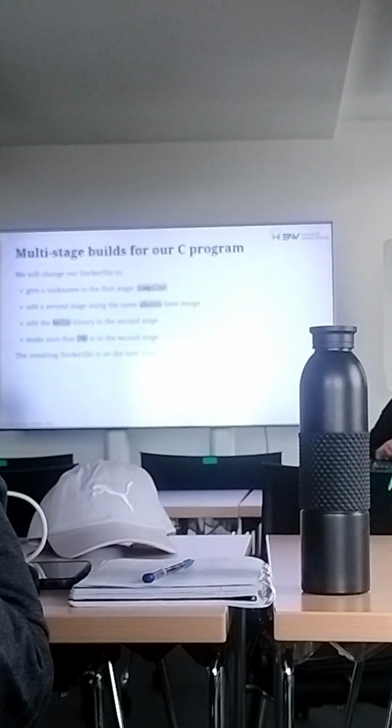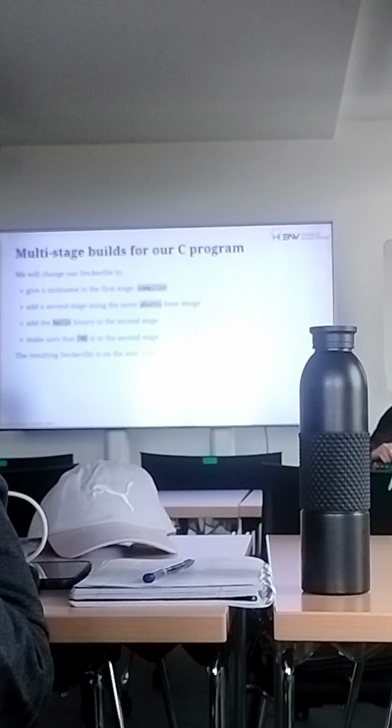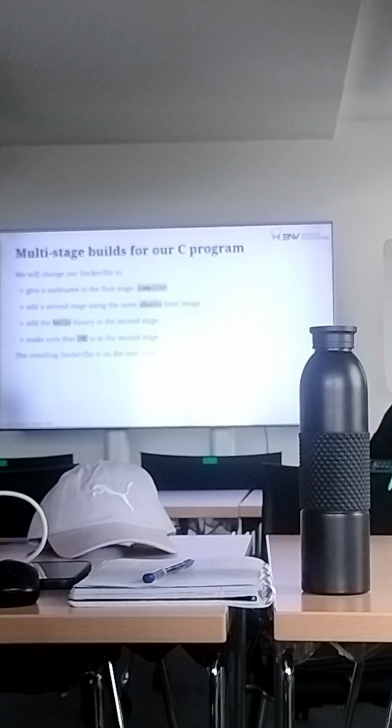So in this case, what we did is we changed our Dockerfile. We used the first stage, the compiler or builder stage. Then, my bad, we added a second stage, but we used the wrong base image.